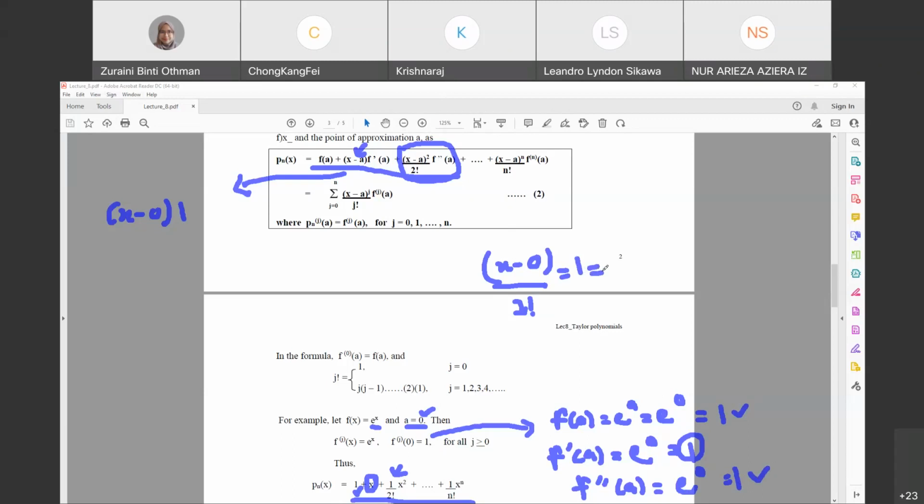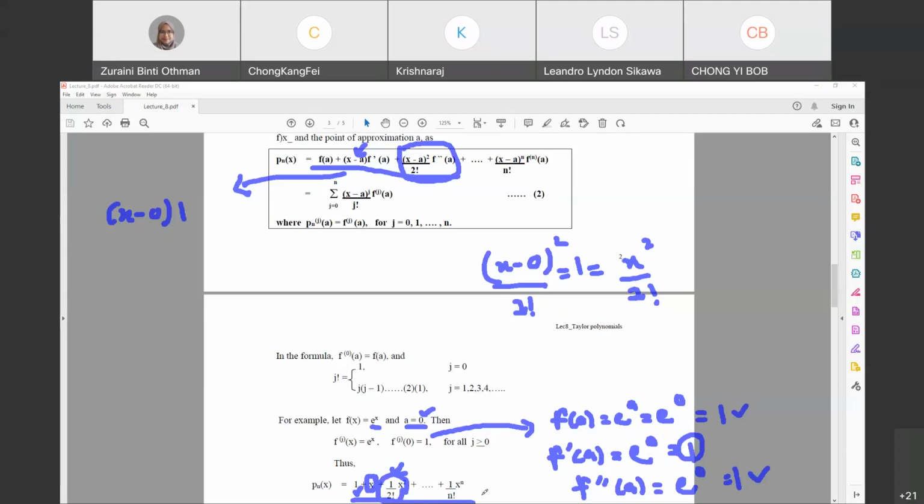Okay, that's why you get this is X minus, okay, tapi yang ni untuk F double prime. Kan kat situ. And it is kuasa 2. Macam tu. And that's why you get X kuasa 2 bahagi 2 factorial. Okey, dah selesai untuk yang ni.